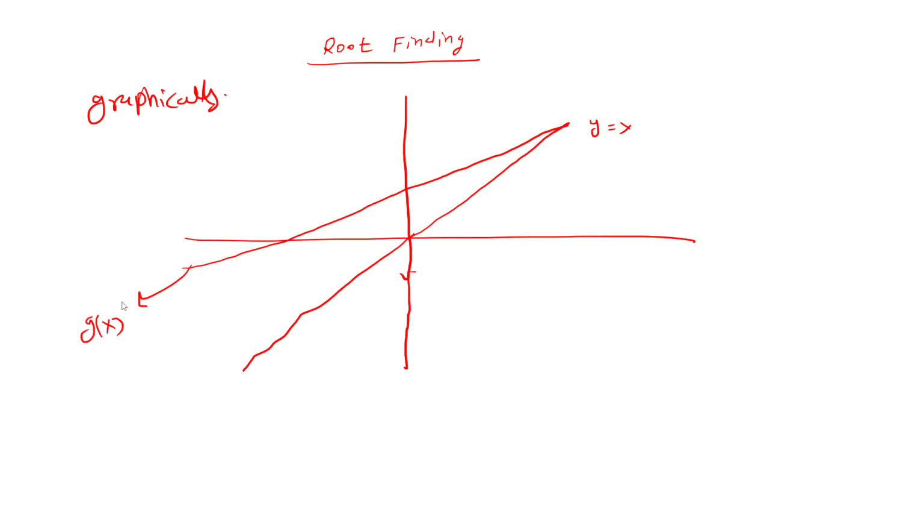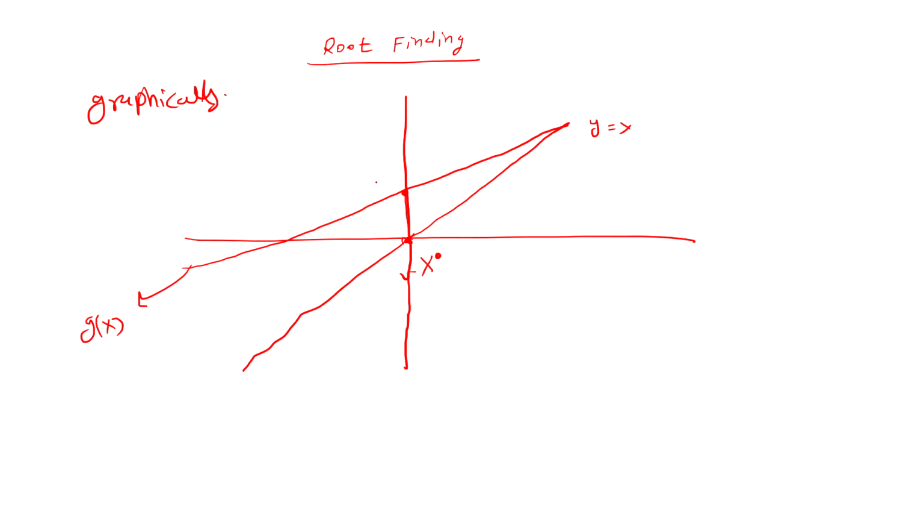So what we are doing here is that, suppose this is my x naught, my first guess. At x naught we are trying to calculate the function g of x.